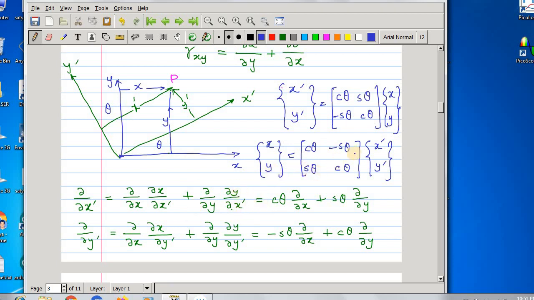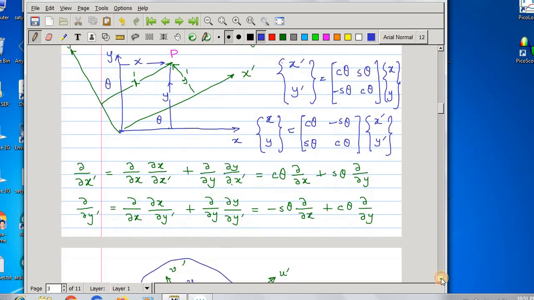This is an operator that will operate on something, u or v or u dashed or v dashed. Similarly, del del y dashed can be written as minus sin theta del x plus cos theta del y.